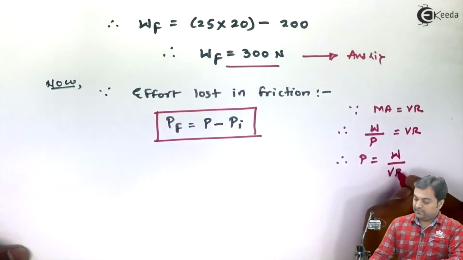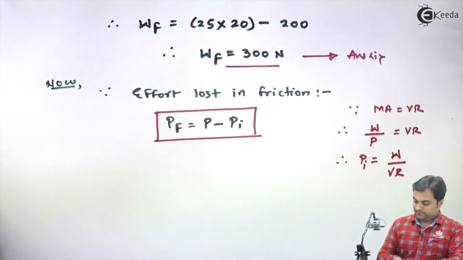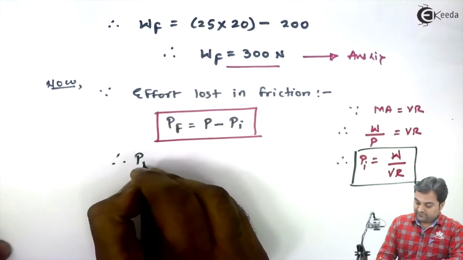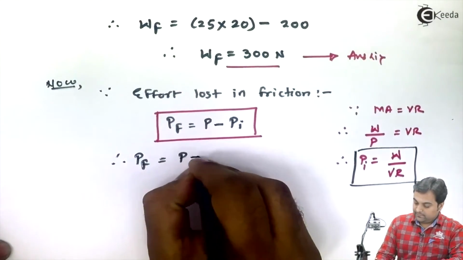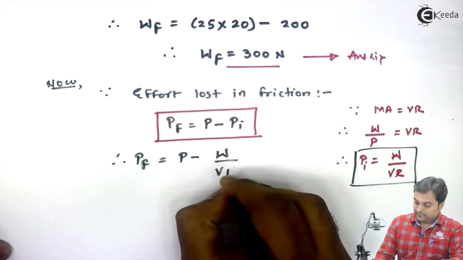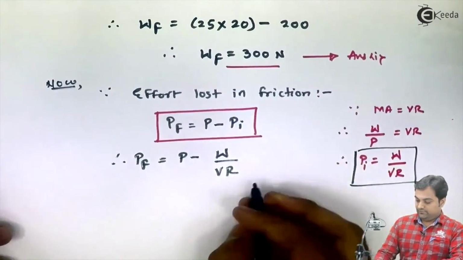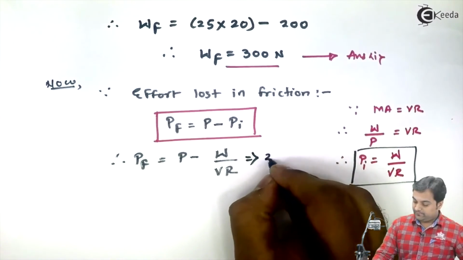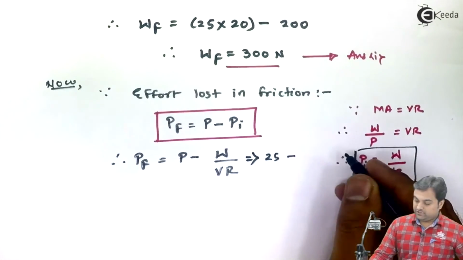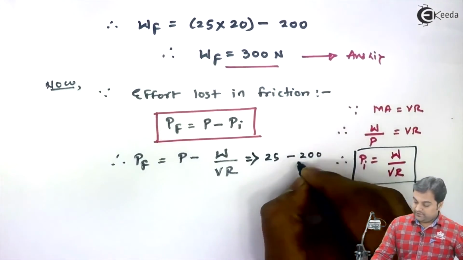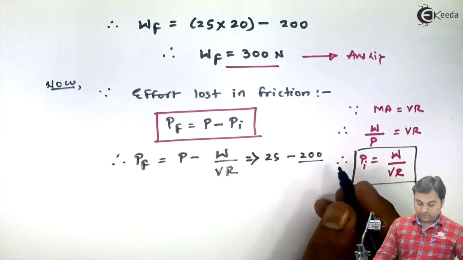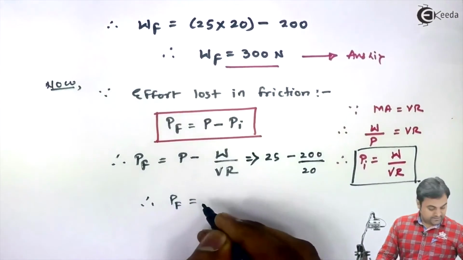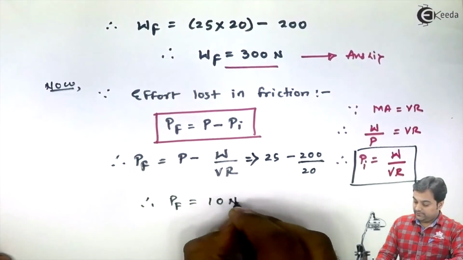So W upon VR is the formula for ideal effort. So therefore P suffix F is equal to P minus W upon VR. I'll put the values here. P we have found out the value was 25, minus W is given in the question, it is 200 divided by VR was 20. So from this I will get effort lost in friction.